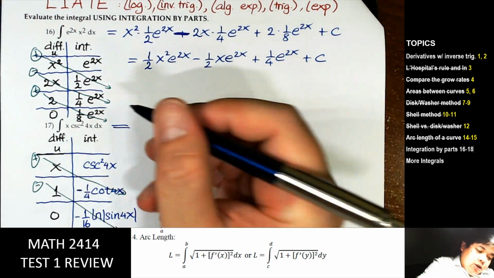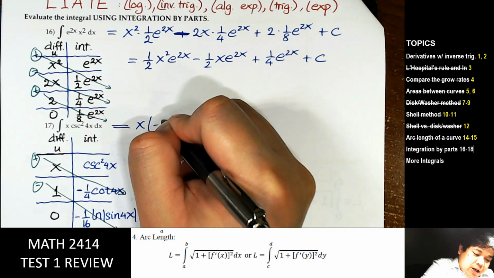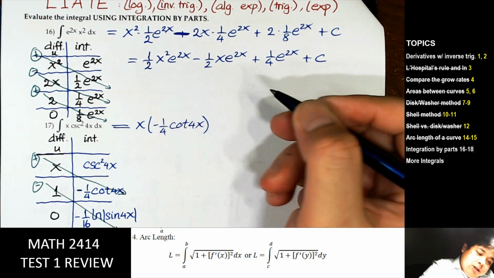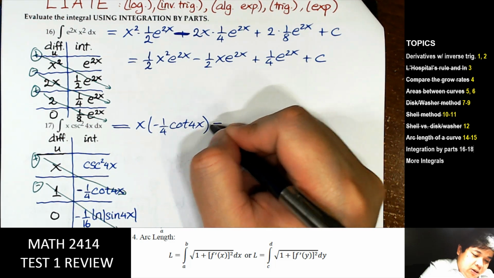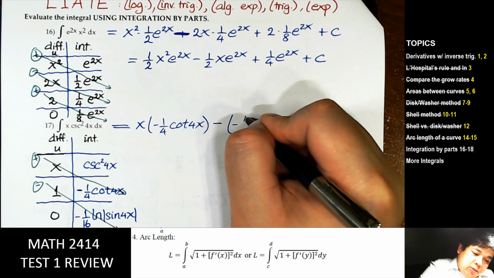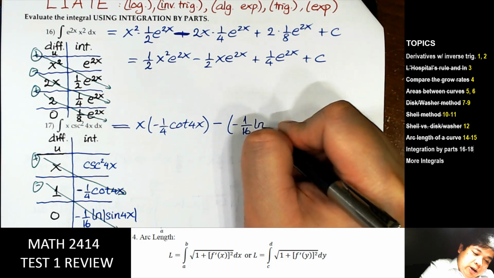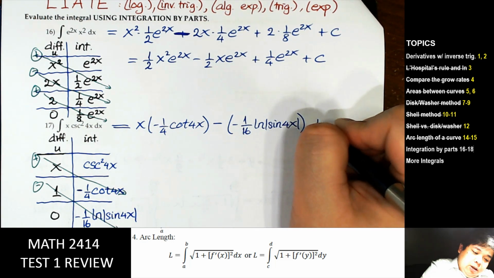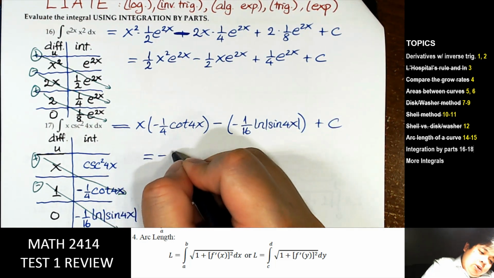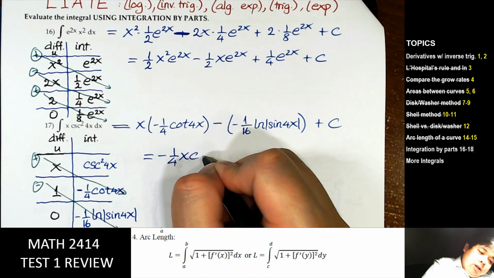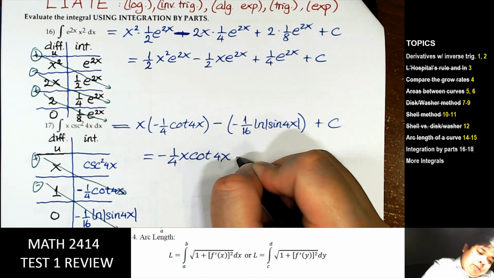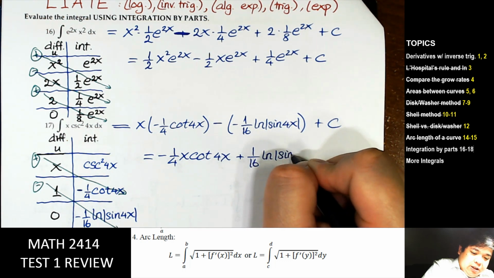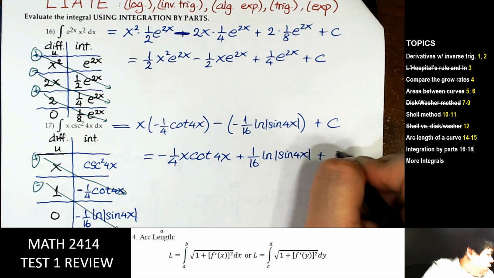So that will be equal to x times negative 1 over 4 cotangent of 4x, minus 1 times negative 1 over 16 ln sine of 4x, plus c. So negative 1/4 x cotangent of 4x plus 1/16 ln of sine 4x plus c.